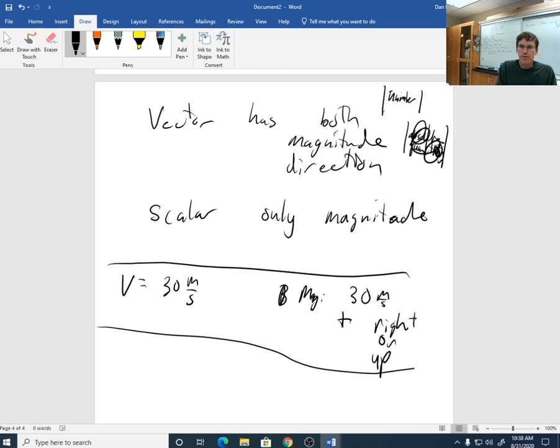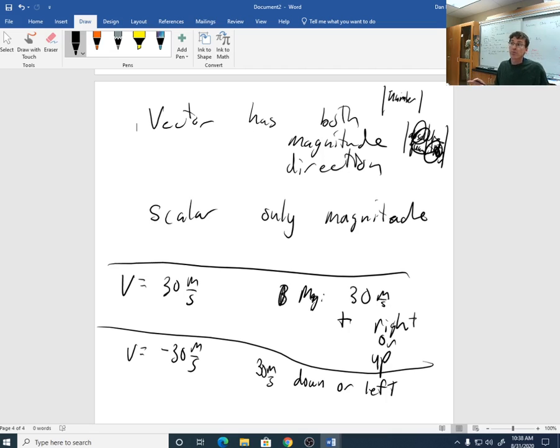What about negative 30 meters per second? Okay, what's the magnitude? 30 meters per second, and it would be down or to the left for us, depending on what the situation was. So for one-dimensional motion, we can represent direction with a negative sign or positive sign.